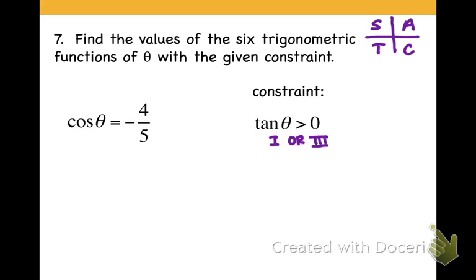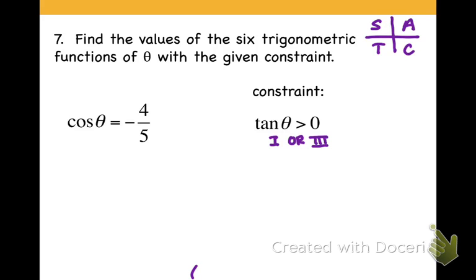So now I'm going to look at my cosine. This cosine of theta we have given is negative. If cosine is negative, I cannot be in the first quadrant, because in the first quadrant all the trig functions are positive.